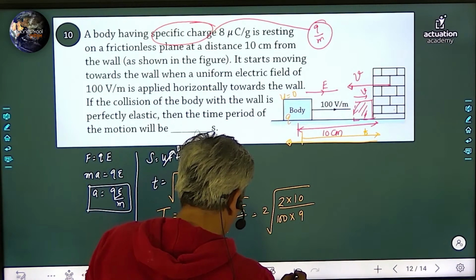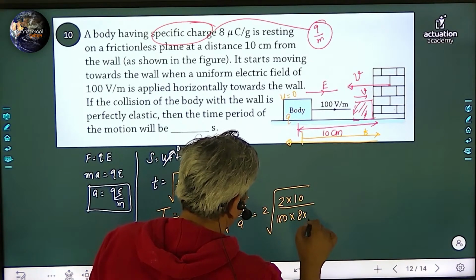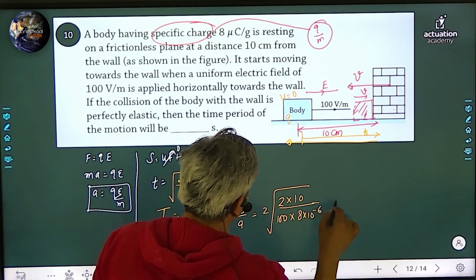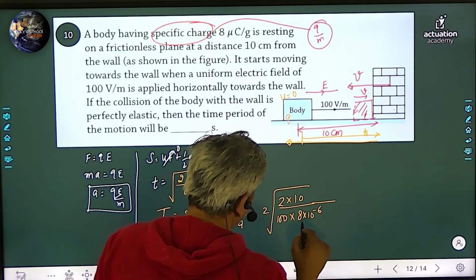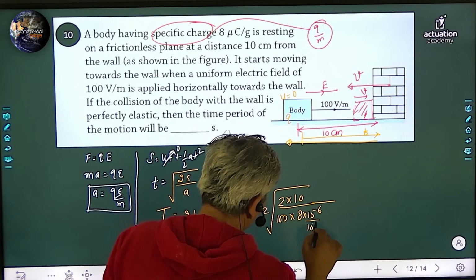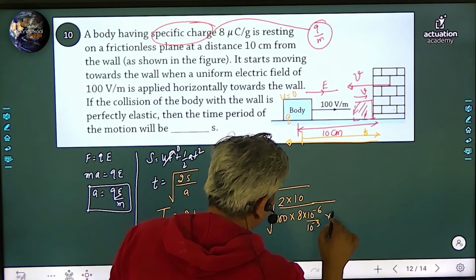Q by m is given to us as 8 microcoulomb per gram. Gram can be written as 10 raised to power minus 3 kg, in kg, and E is 100.